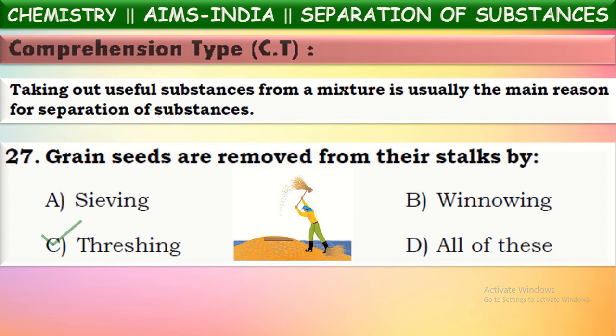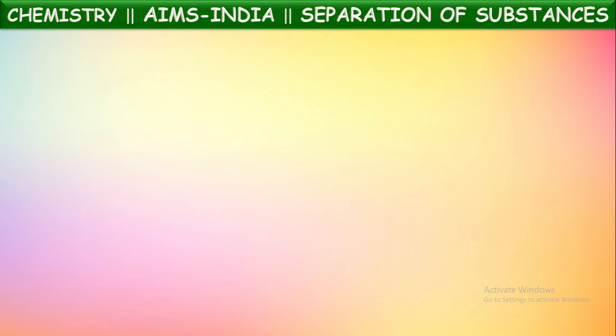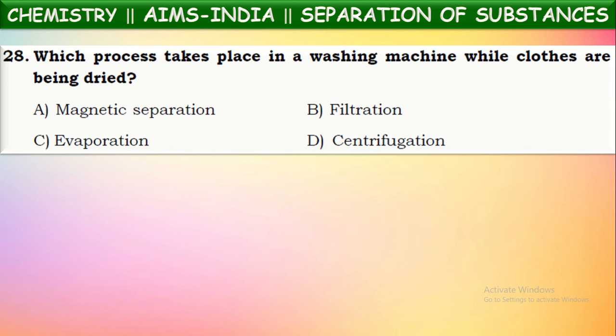It is called threshing. Beating the harvested stalks against a hard rock substance or any wood material is called threshing. By this, grain will be removed from the stalks. Okay, threshing.